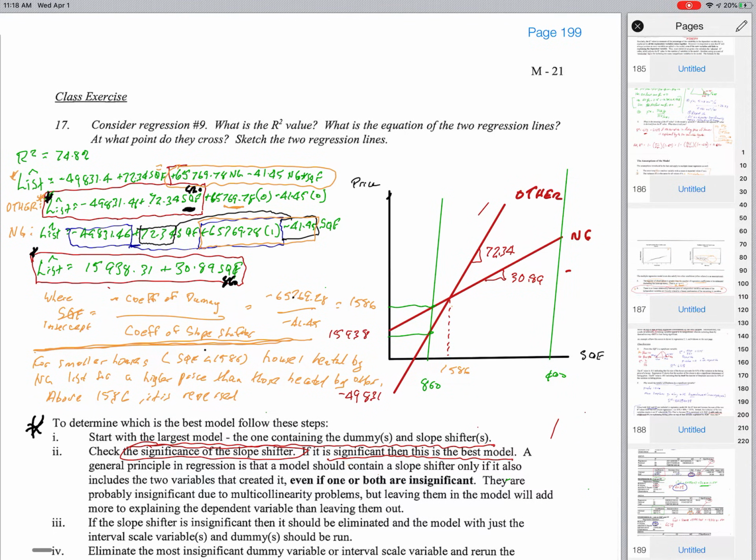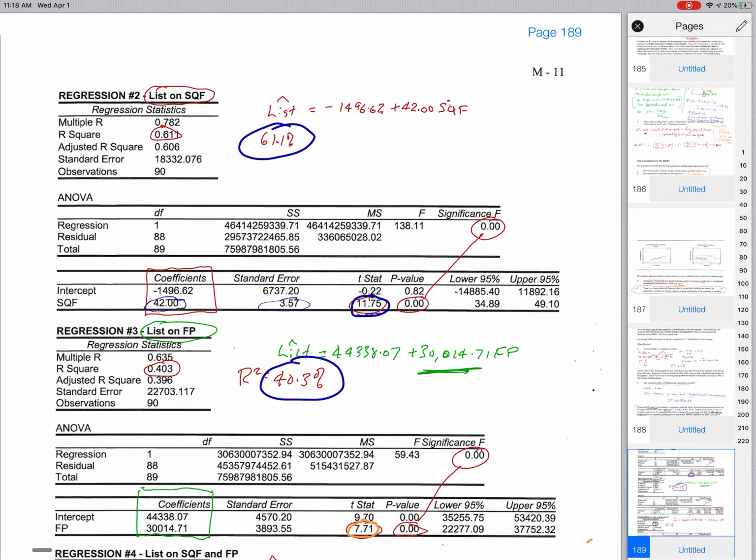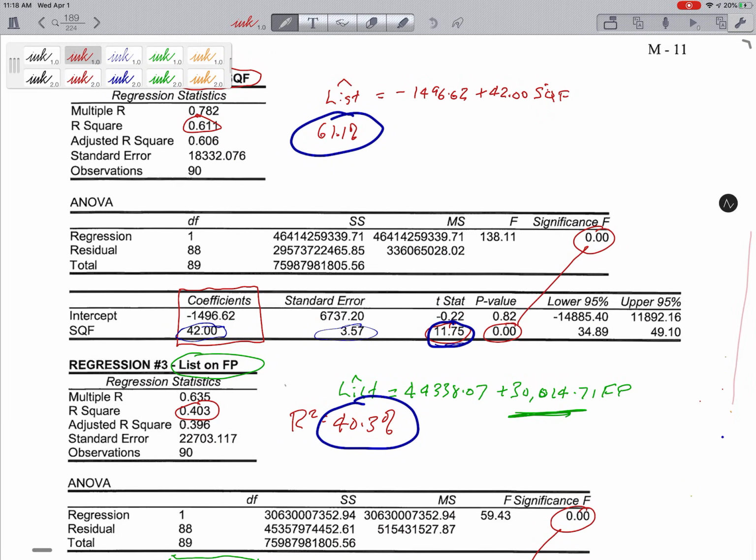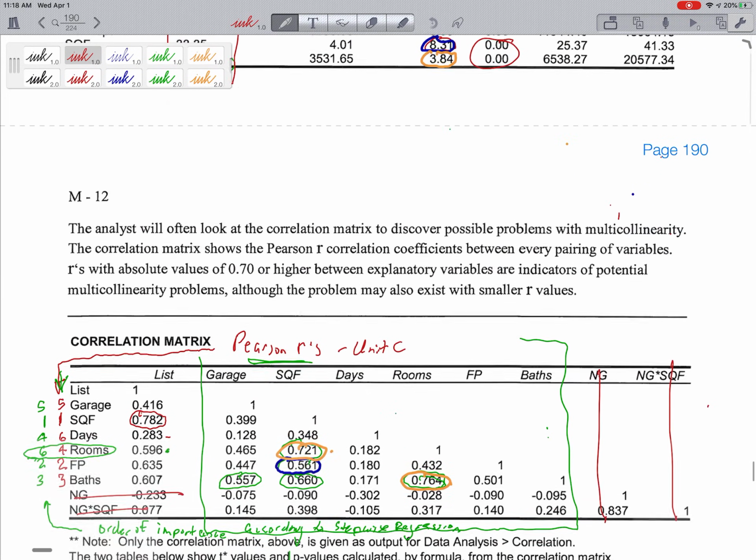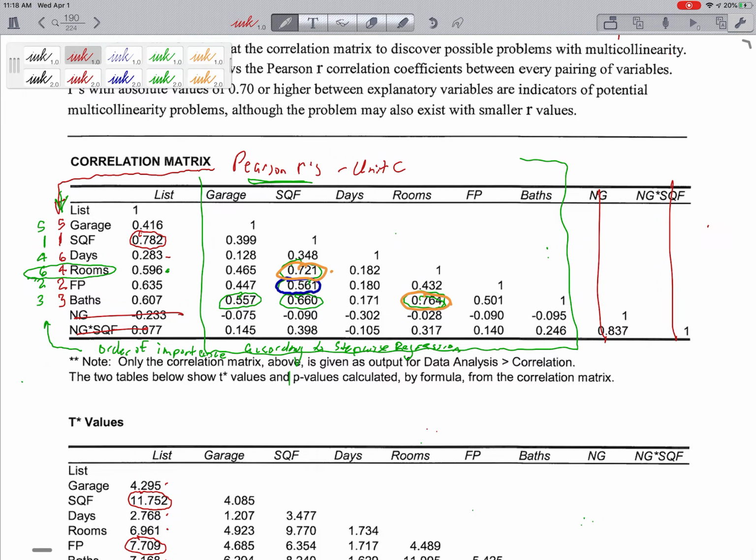Let me just find that. It's kind of hard to read those small ones there. Page M12. So that was the next page here. Okay, here's the correlation matrix.